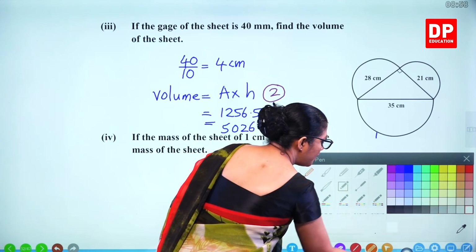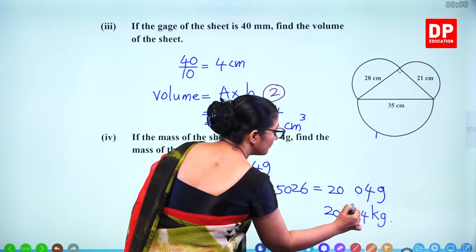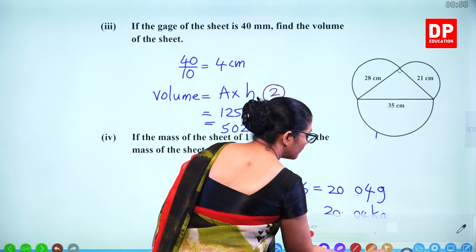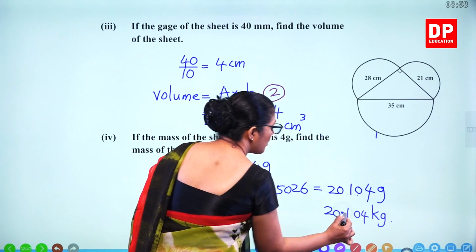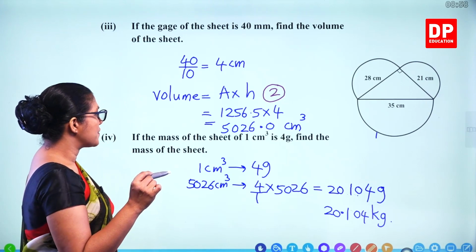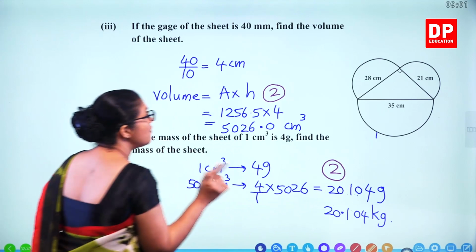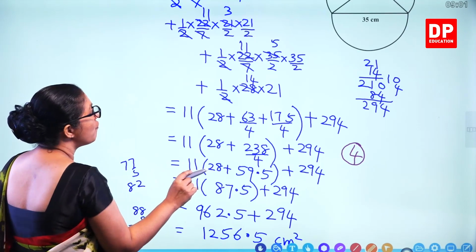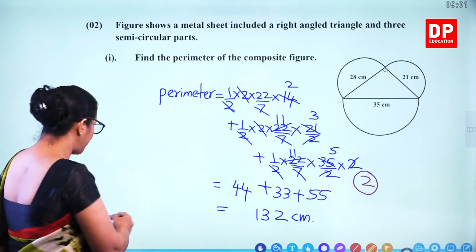So this should be 1. 20.104 kilograms or 20,104 grams. So how many marks for this one? 2 marks. So we'll see whether you get all 10 marks. 2 and 2, 4, 4, 8 and 2, 10 marks altogether.